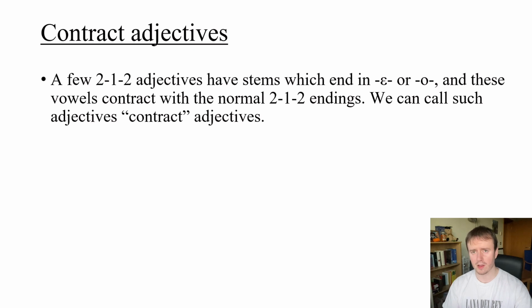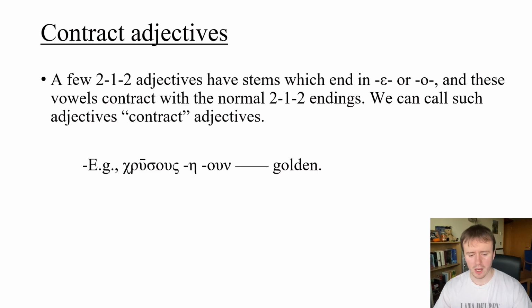Like I said, these have epsilon or omicron at the end of their stem, and in Attic Greek, that contracts with the usual 2-1-2 endings to produce endings which are slightly different to the normal ones. An example of a contract adjective is the adjective chrysos, meaning golden.